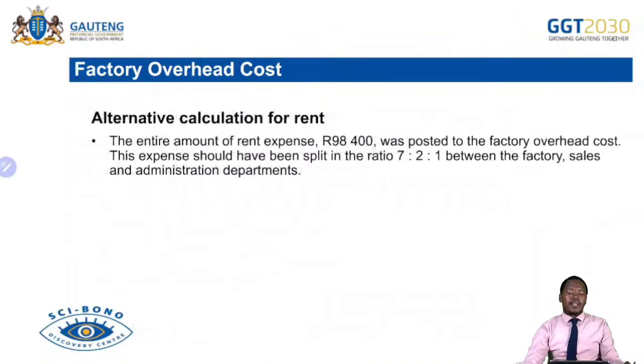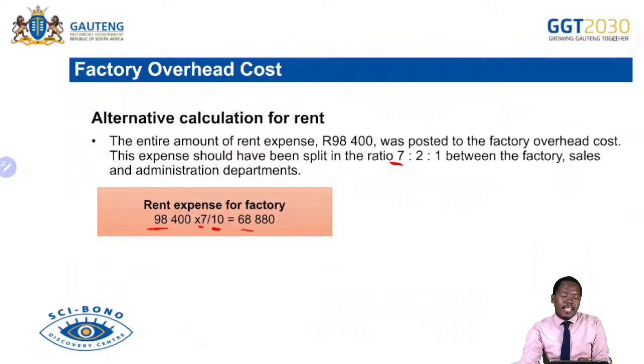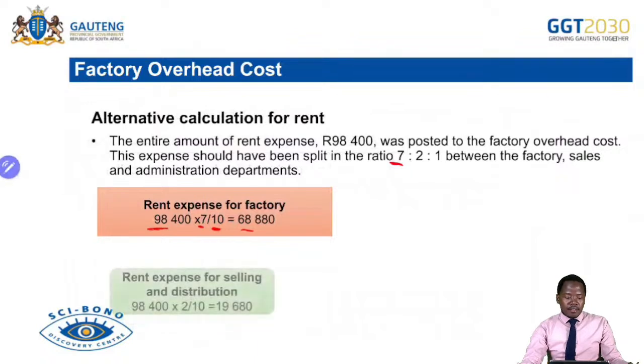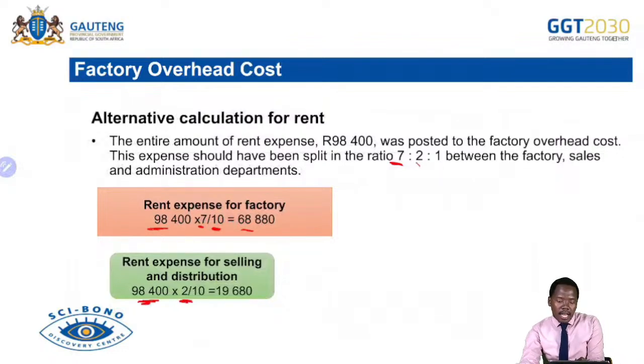Moving on now. Alternative calculations for rent, which you may also find simple. Then we say 7 is for factory, so it would be 7 over 10 and then multiply by 98,400. And then we'll get our 68,880. Right, now for selling and distribution, we say 98,400 times 2, which is our selling.